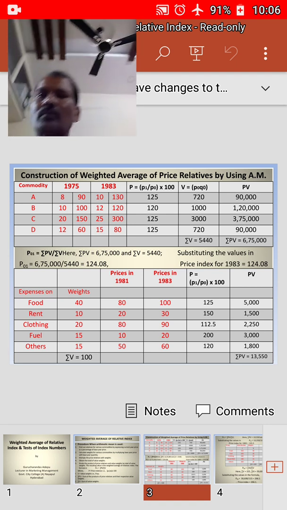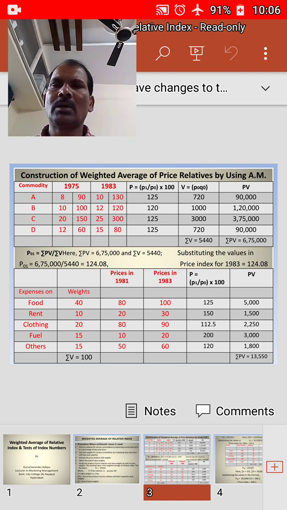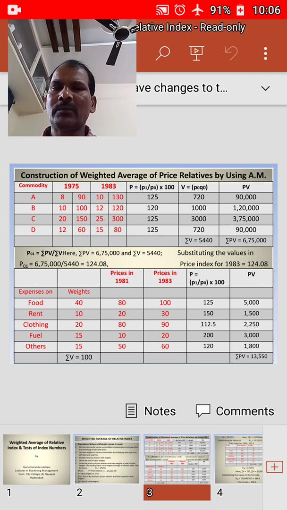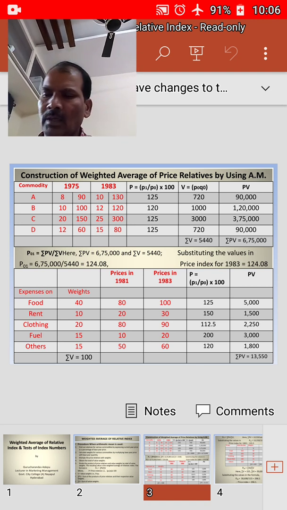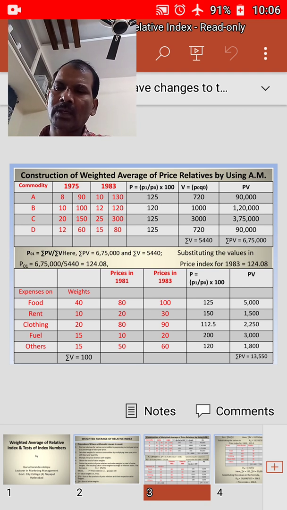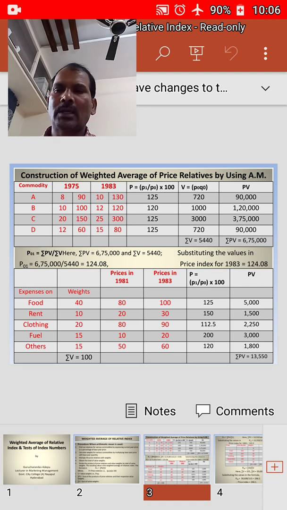Now in order to solve this problem, first we need to calculate the price relatives. That means price relatives p1 by p0 into 100, and value weights we need to calculate.